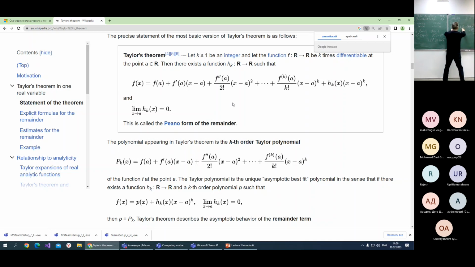You can substitute a here. If you put a instead of x, you will have exactly the same result. Here x equals a.